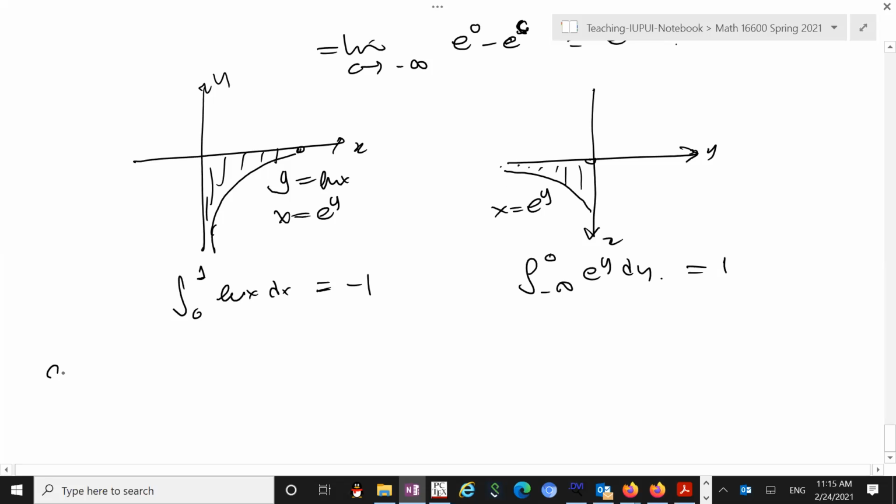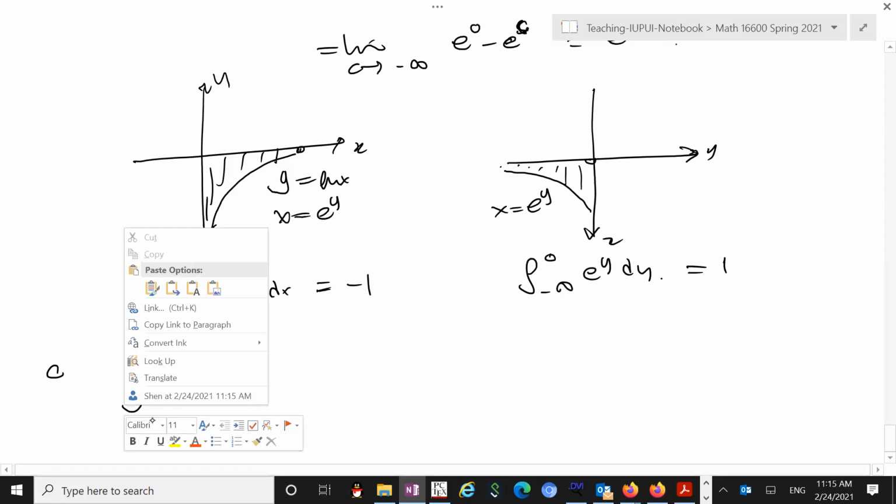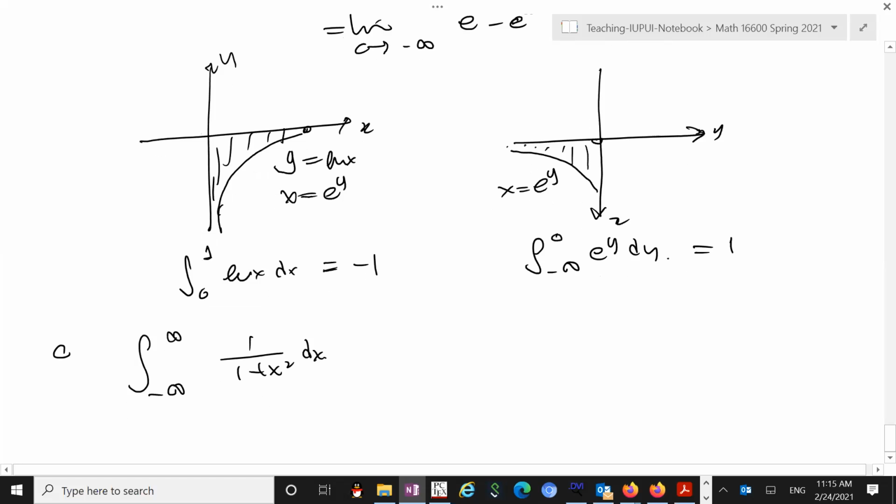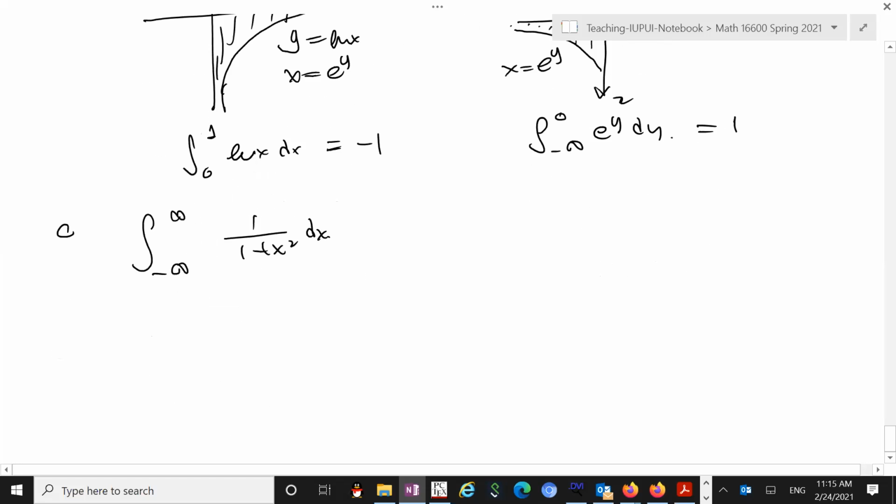All right, so I'm going to take a look at the next one: negative infinity to positive infinity. So both sides are infinity, right? Now, how does the graph look? The graph looks like that.